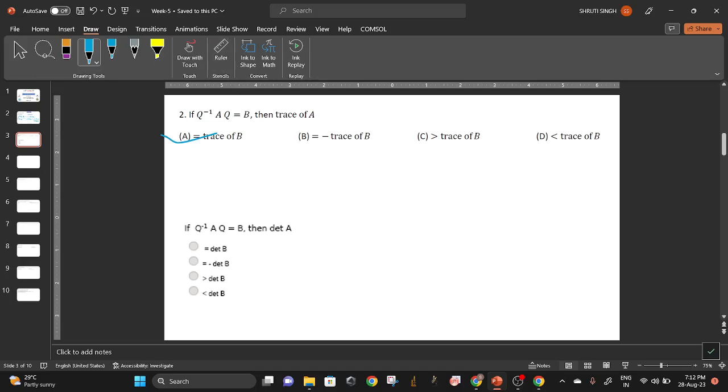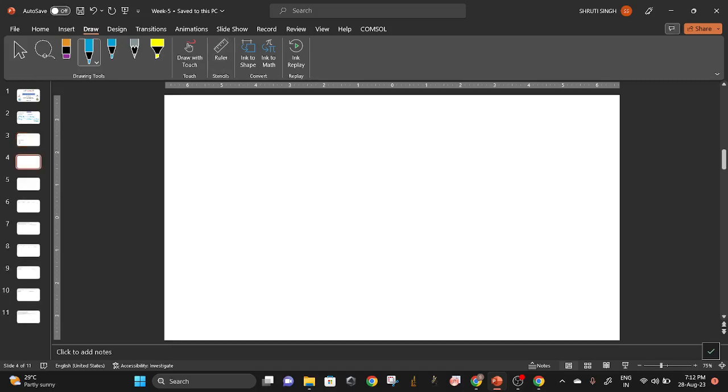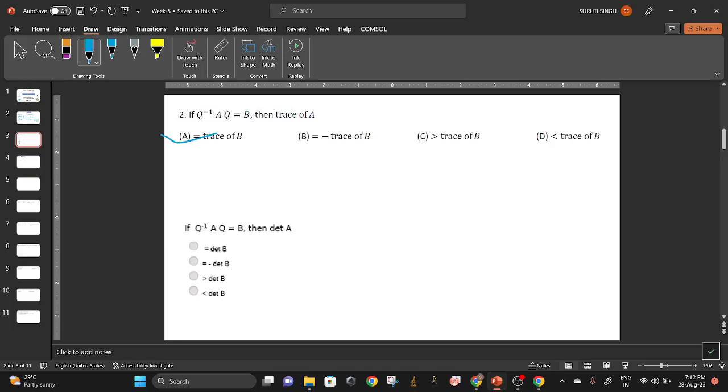Q inverse A Q. Also the second question: Q inverse A Q equals B, then determinant of A is equal to... True, ma'am.